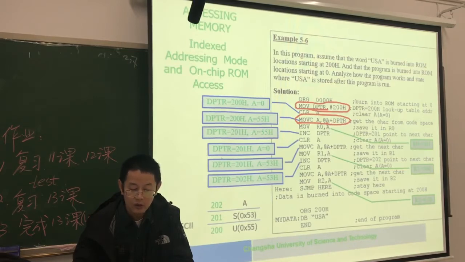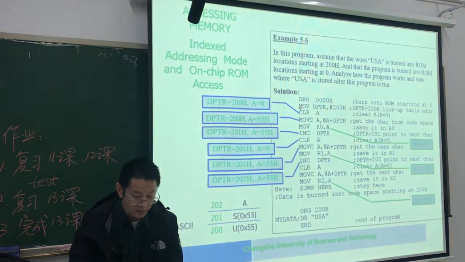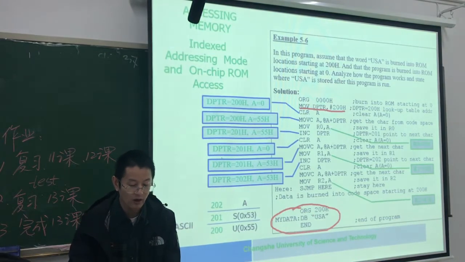A is equal to 0, which means the first number in your table. Here, DPTR is 200H. This is the table.